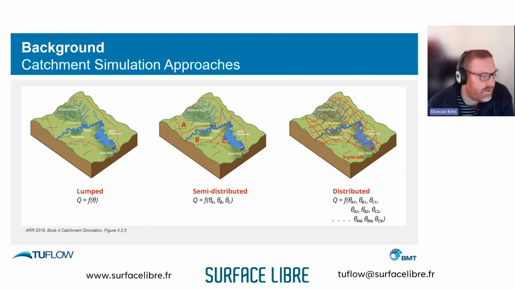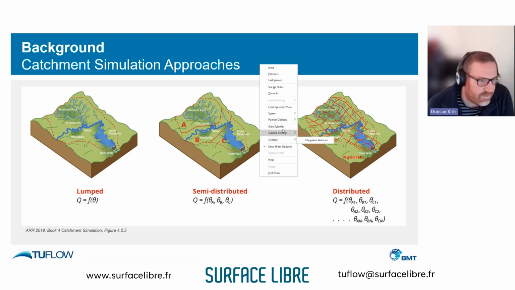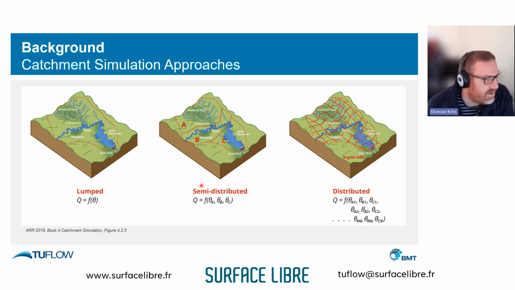If we think about how we do catchment modeling or catchment simulation, in the past, we might have, or I guess we'd still do to a certain degree, but we tended to use these kind of lumped approaches, whereby we would take flow at this downstream end from a catchment, and that catchment can be composed of various different hydrological features and characteristics and behaviors.